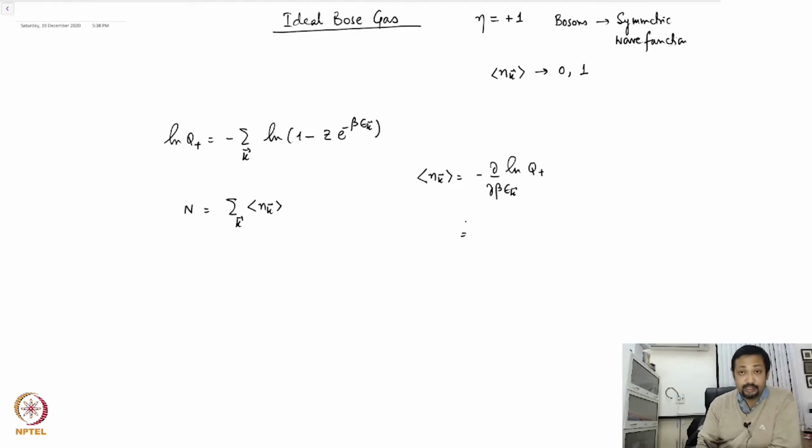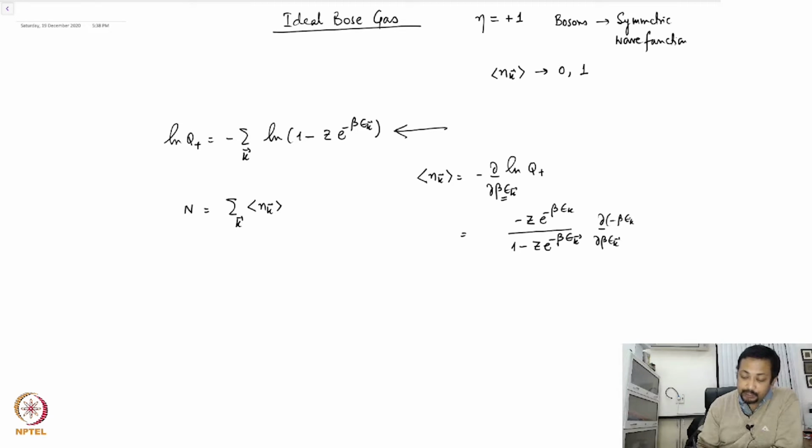If I take this derivative, then essentially I am taking the derivative with respect to one energy level, and therefore in the whole sum that you see in this ln Q plus, only one energy level will be picked up, which means you are going to have 1 minus z e to the power minus beta epsilon k, then minus z e to the power minus beta epsilon k, and then the derivative of minus beta epsilon k.